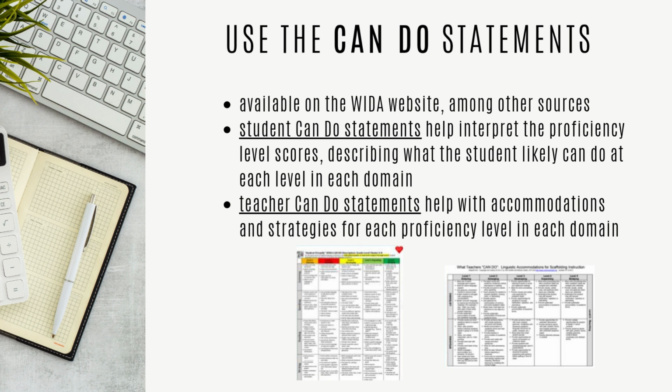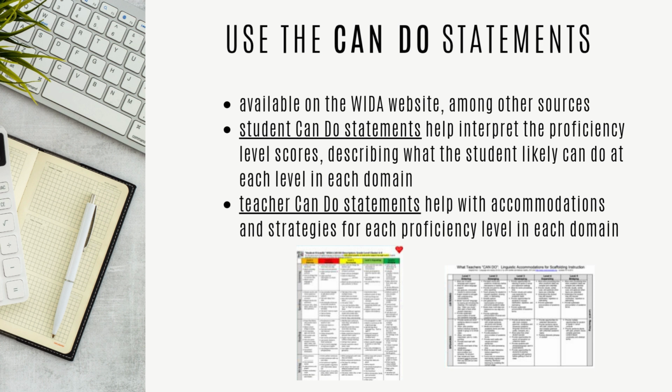So I always joke that I throw these 2 charts around like confetti because they are something that I think are so valuable for all teachers at all grade levels. One thing that I really like about the student can-dos, this particular file that I've linked here for you, is that each grade level band is on its own page. So I love that it's a 1-pager, and I love that it's per grade level band.